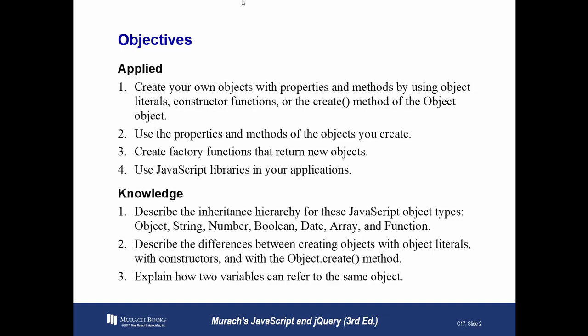For the knowledge objectives, describe the inheritance hierarchy for the following JavaScript object types: object, string, number, Boolean, date, array, and function. Describe the differences between creating objects with object literals, with constructors, and with the object.create method.